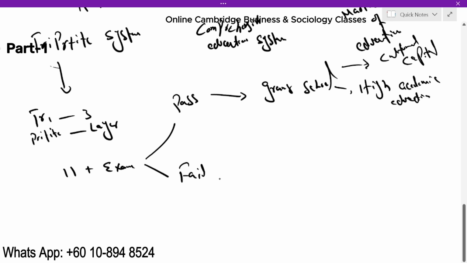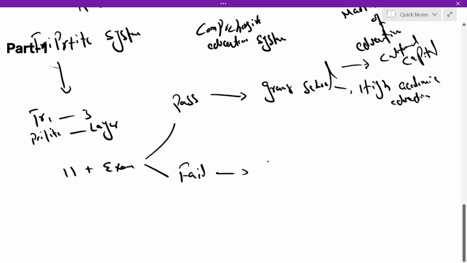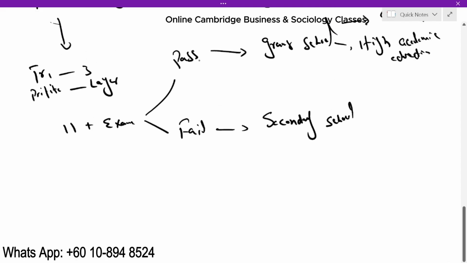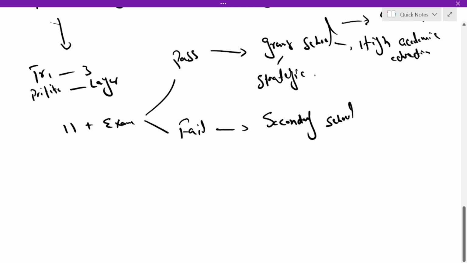But if you are in the failing category, then you will be sent to the secondary school system. Here they are not producing highly skilled employees as in the grammar school.